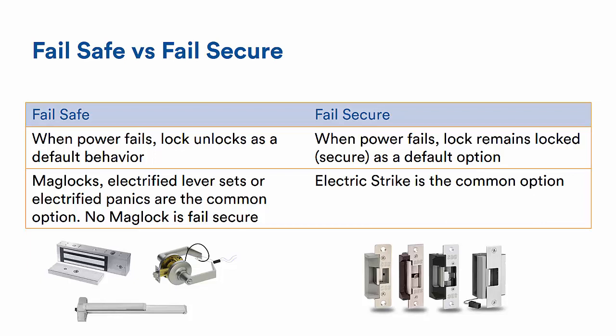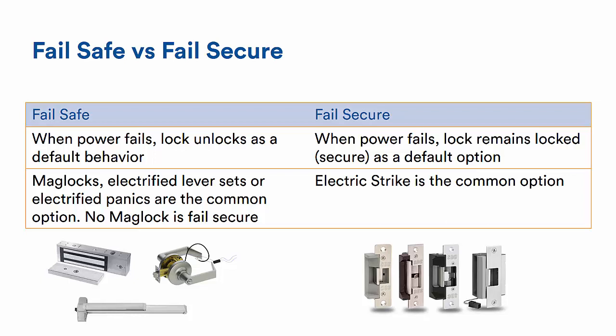In this case, a maglock, electrified lever set, or electrified panics are common options. Maglocks are primarily used for glass door applications, and electrified lever sets and panics are commonly used in stairwells of a large building. Why?